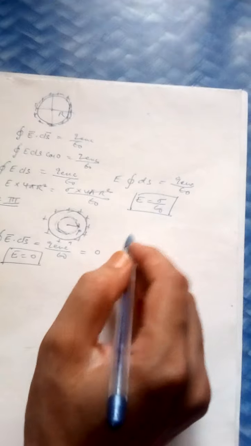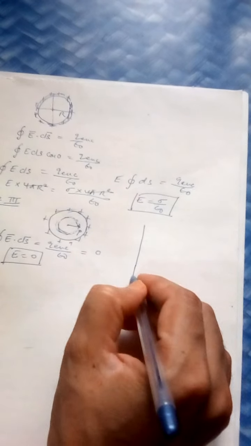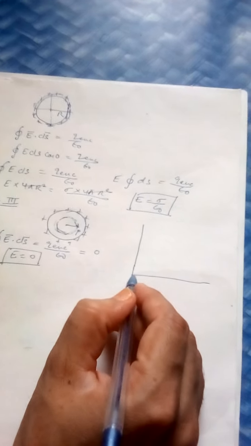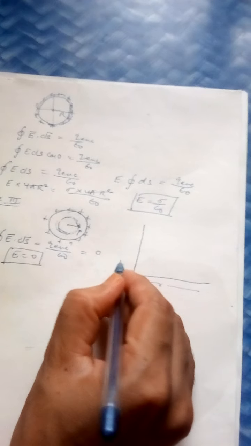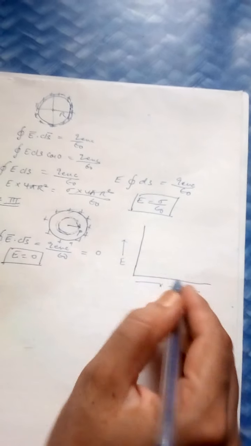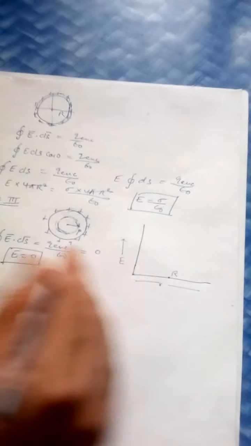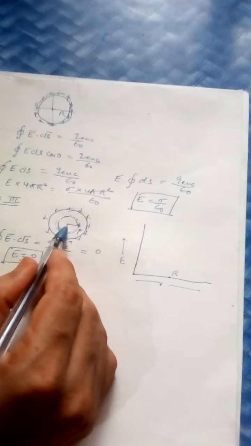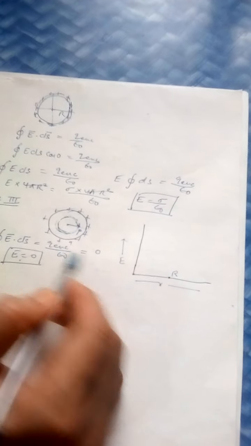So if you are drawing the graph for how the electric field varies with distance, this is the distance and this is the electric field. Up to the radius, inside the sphere, the electric field is 0.